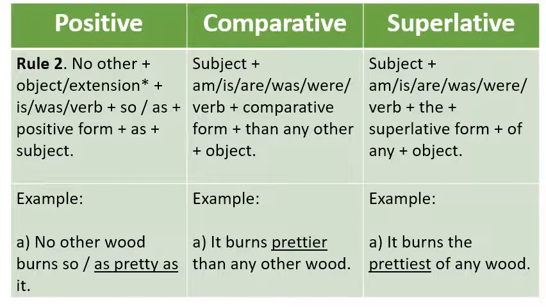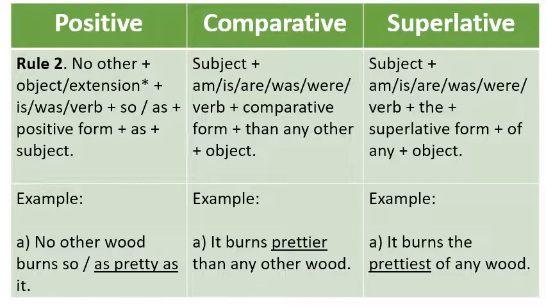So when you convert it into comparative degree, your structure will be subject plus is, are, was, were plus comparative form plus than any other plus object. So the sentence will be, it burns prettier than any other wood.